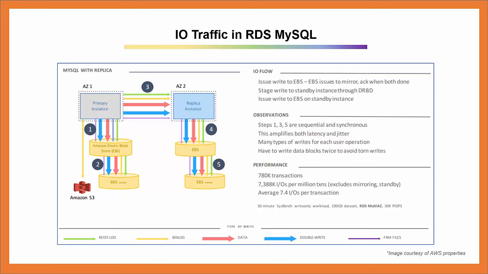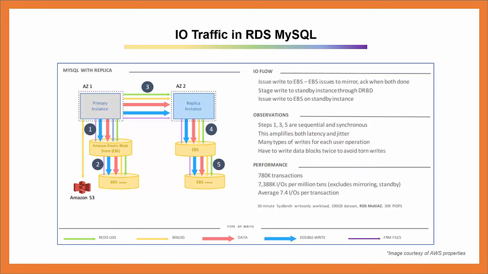Here you see a representation of what a MySQL database running on Amazon RDS would look like with standby. You have your primary instance in one availability zone, and you have your standby instance in another availability zone. When you do a write to the primary instance, it will write the data against the attached Elastic Block Store, or EBS.